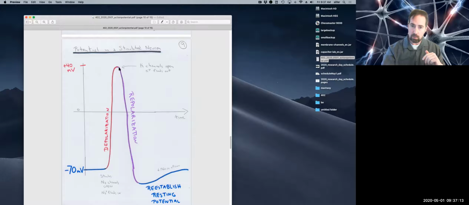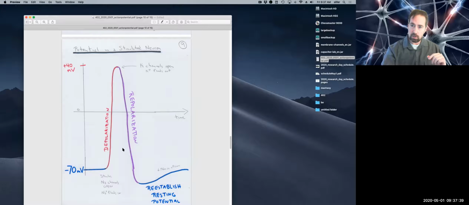And then the reaction when we open the potassium channels is this repolarization, and it slams back down to about negative 80 millivolts. And then everything stops. All this active opening and closing of the channels stops, and you get normal diffusion of these ions through the cell that takes a long time, and we get this exponential return back to negative 70 millivolts.